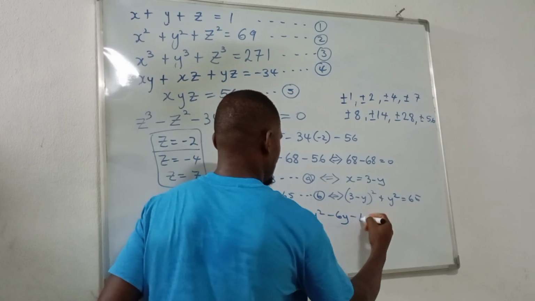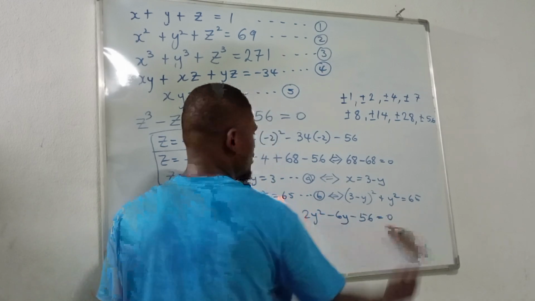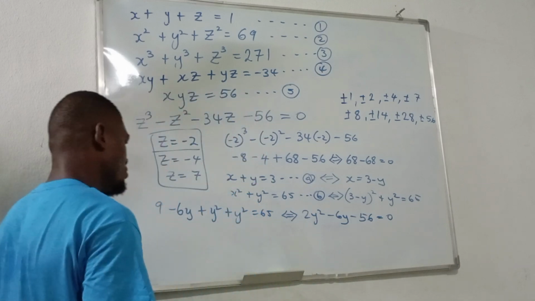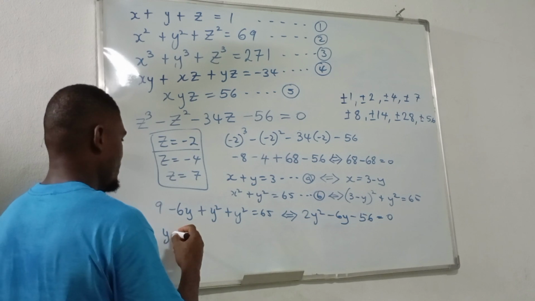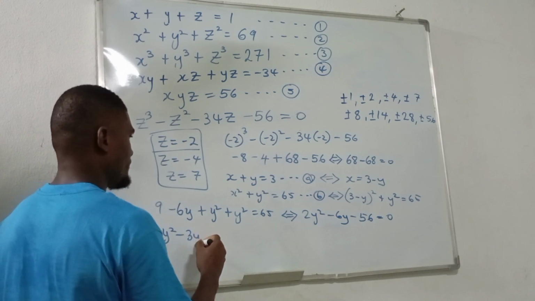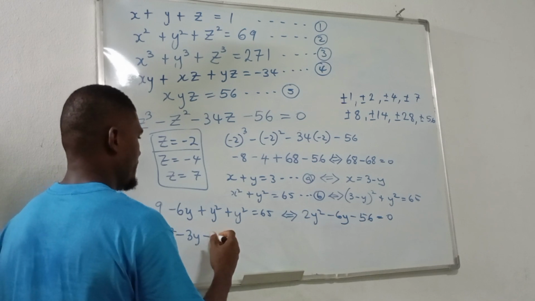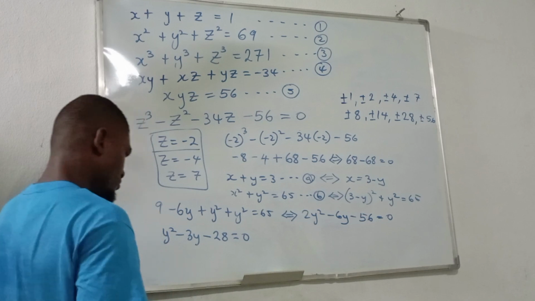So we have negative 56 equals 0. So everything is a multiple of 2, so we can divide through by 2. If you divide through by 2, you're going to have y squared minus 3y minus 28 equals 0.